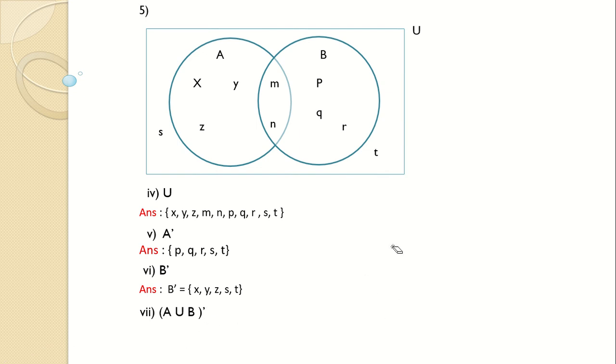So first see what is A union B. So this entire A and this entire B. All the elements that are inside both the circles will be in A union B. So complement will be everything that is outside it, outside A and B. So S and T. So the elements will be S and T.